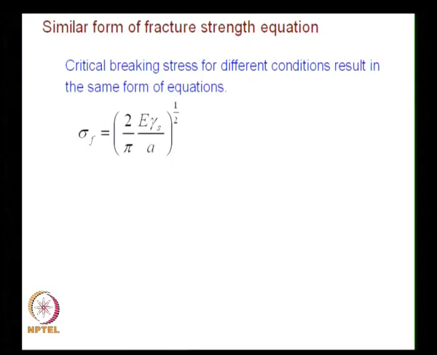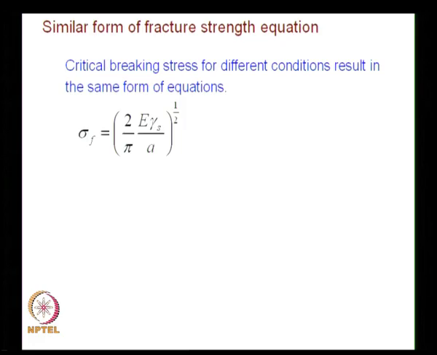This was the problem Griffith was focusing on while developing his energy balance approach. He got the fracture strength and he could relate that the length of the crack also plays a very important role. And people have worked on this kind of an approach, and they have also found out the fracture strength for several other situations.